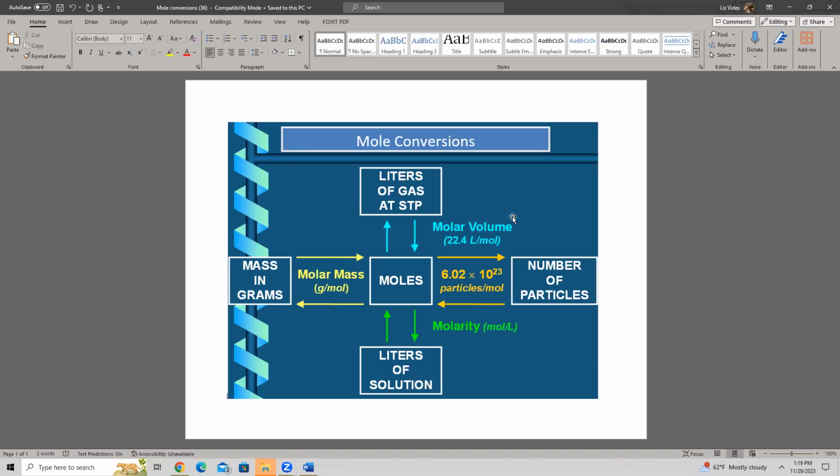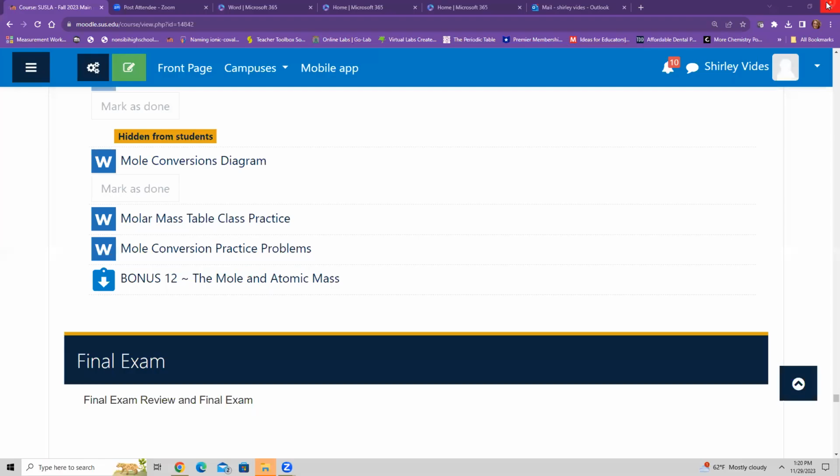We just learned how to do the molar mass, and we know Avogadro's number because it's written right there. So that's all we need. We are armed and ready. All right, so the next thing we're going to do is mole conversions.